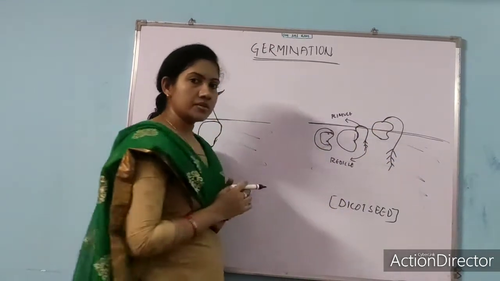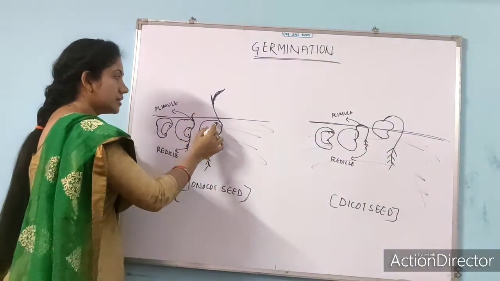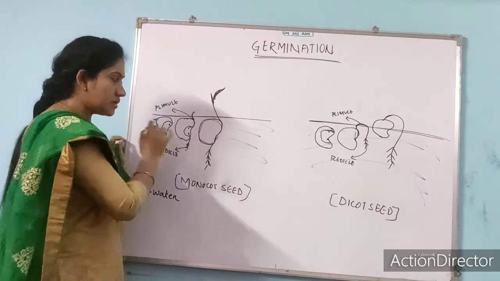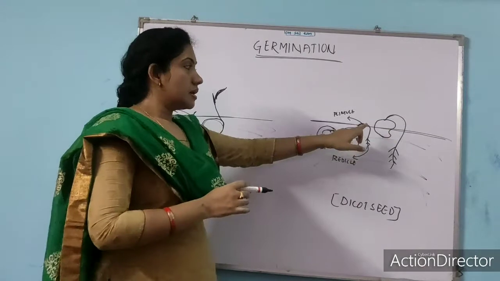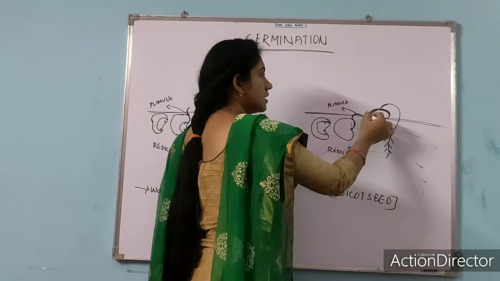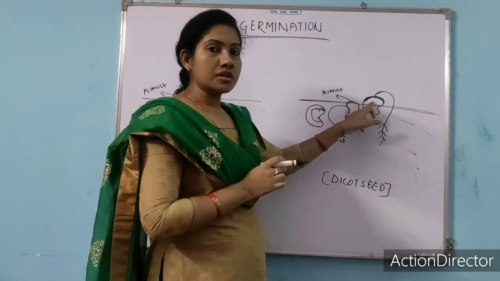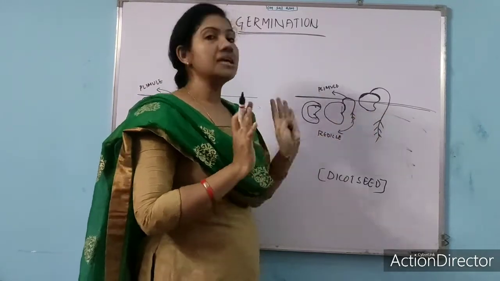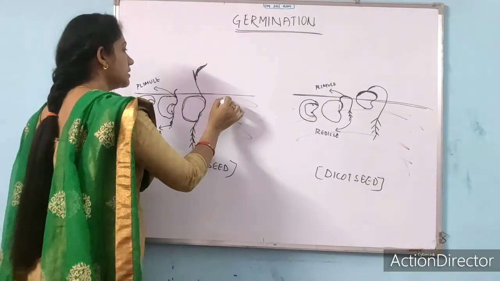Can you find the difference? Yes, here the seed along with the cotyledon stays inside the soil. Only the plumule emerges out from the soil and the radicle grows down into the soil. But here you can observe the seed along with the cotyledon comes out. The cotyledon is present after the endosperm, I said. So here the seed along with the cotyledon will come out from the soil. Only the root, or the radicle, will be inside the soil. Find the difference.